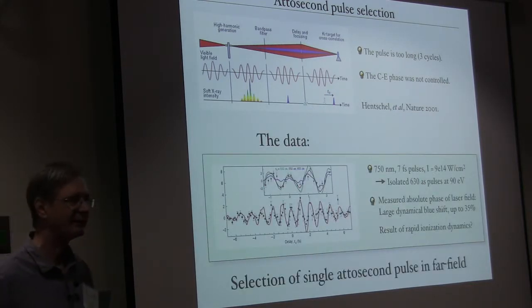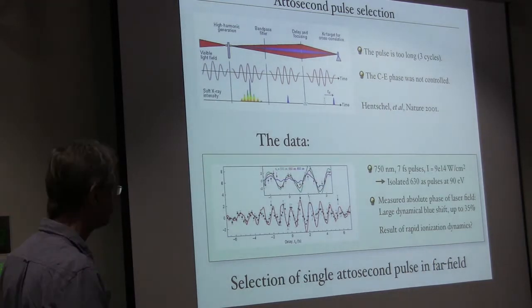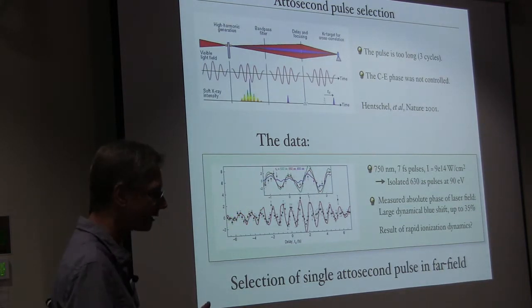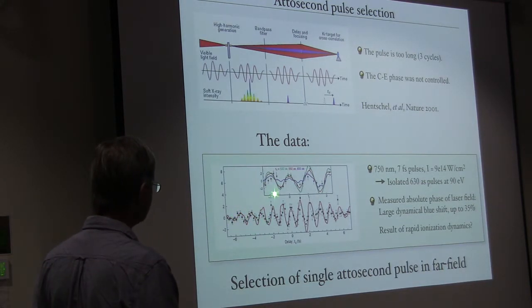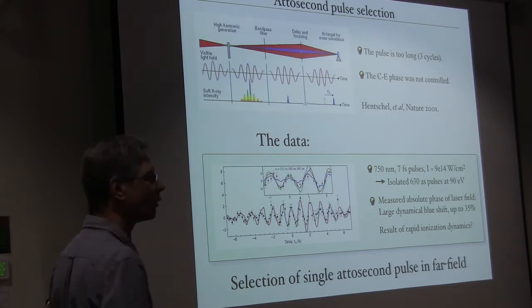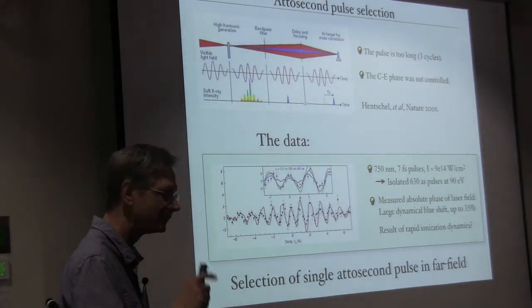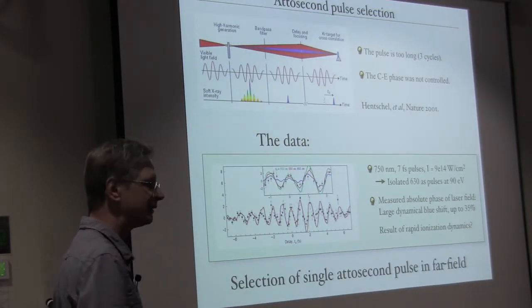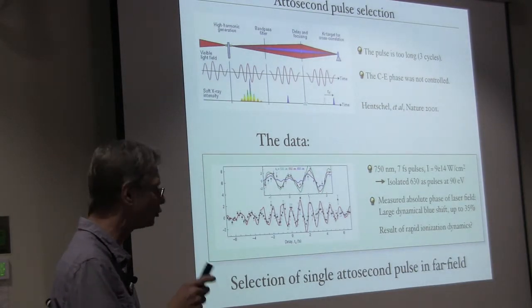Now here's the data. The data out of this experiment is really good. So here is the measurement by the single attosecond pulse of the laser light field that had emerged from the gas. And this laser light field has an identifiable frequency, which is quite different from the frequency that got sent into the gas.